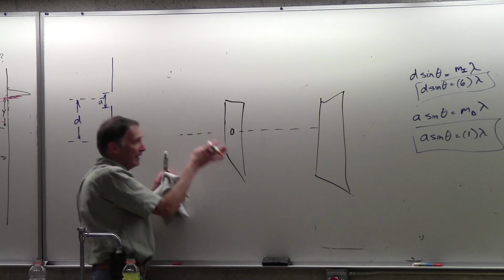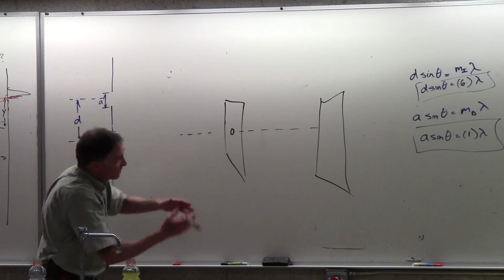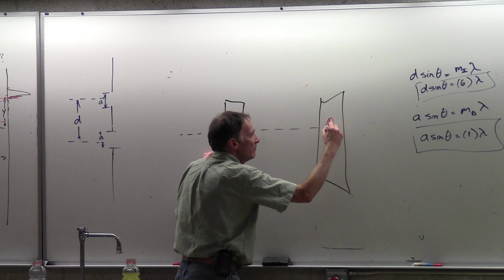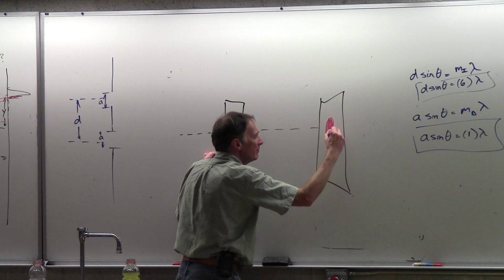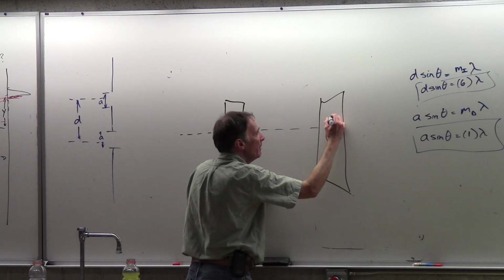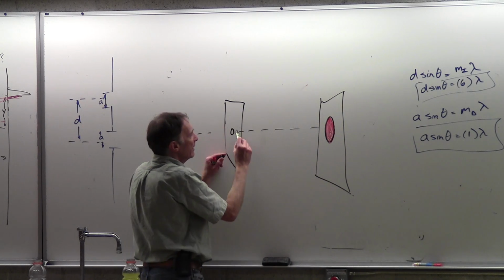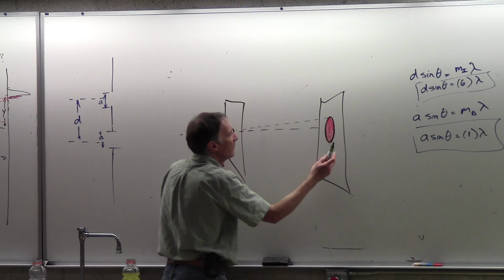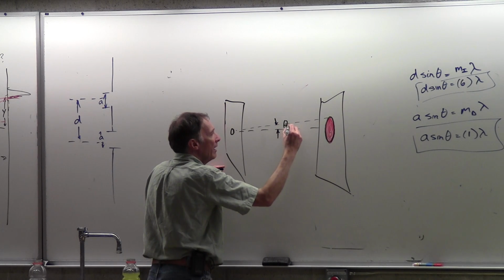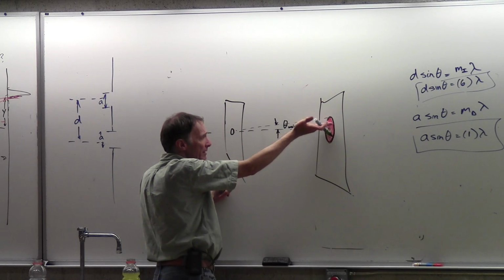It's going to act a lot like the single slit, where it's going to spread out. So it's going to give me a large central maximum. And then as we go out further, there's going to be a minimum. Usually we'll call this angle theta minima, and that's measured from the center of this thing up.